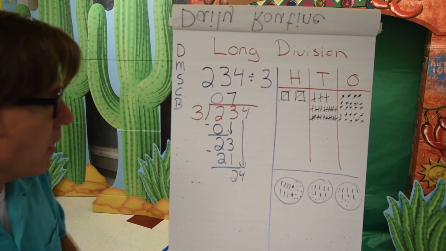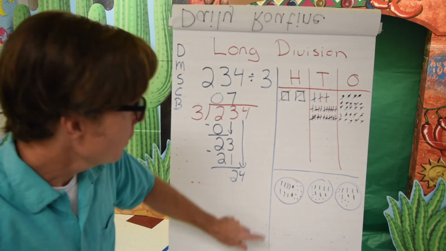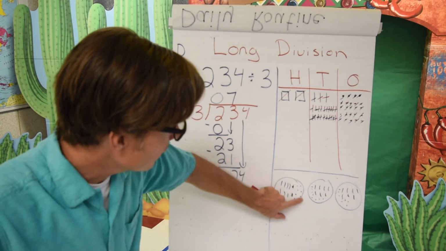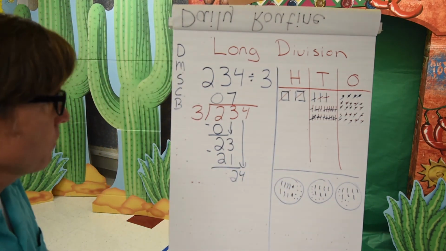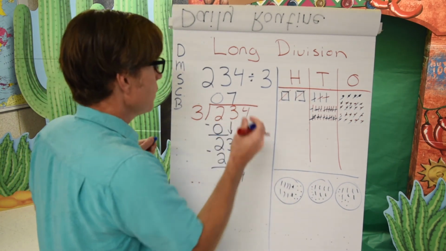So let's see what I have now. I have 1, 2, 3, 4, 5, 6, 7 10s. And I have 1, 2, 3, 4, 5, 6, 7, 8 1s. So I'm going to put my 8 1s here.